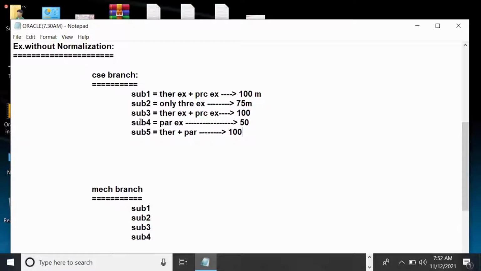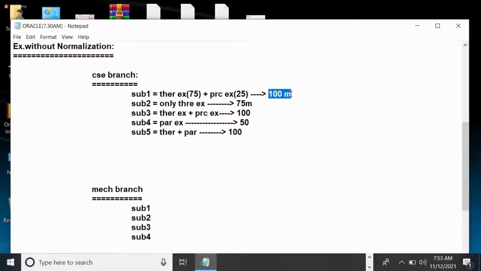So based on this examination name, your total marks will change. Yes or no? Here, suppose theory is 75 marks and practical is 25 marks. So total marks, how much here? 100 marks.